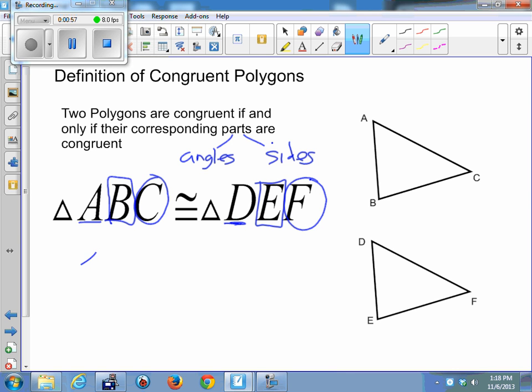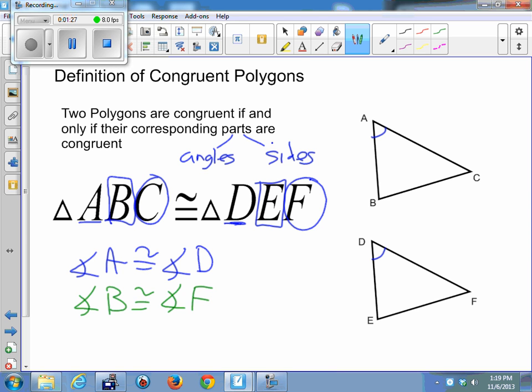This means angle A is congruent to angle D, because A and D both come first. So in our picture, we can write A and D. Those are congruent. The second letter, B, is congruent to E. So those are corresponding. We have angle B is congruent to angle E. They both are in the middle.